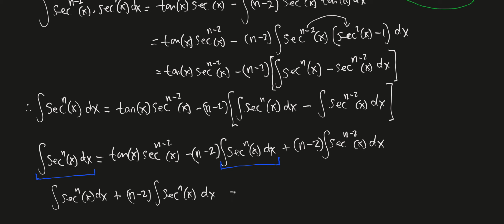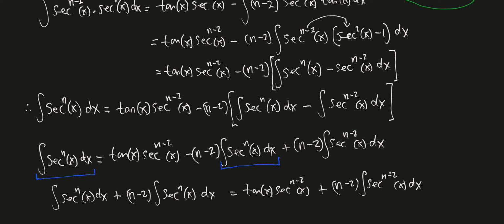And then we have our equal sign, bring this down. So we have tangent of x secant to the n minus 2 power. And then we have this other integral here, so plus n minus 2 times the integral of secant to the n minus 2 power. All right.